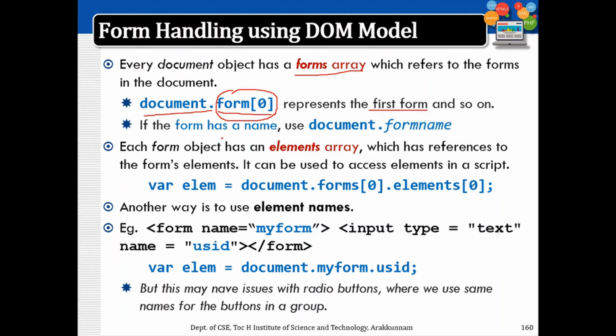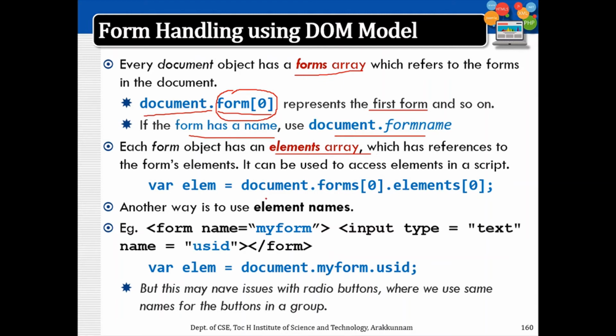The form has a name. Like any other elements, we can give a name to forms also. So we can access the form using the name of the form, like document.formname. Each form object has its elements array. Again, we have a list of elements, and all these elements are represented as an array of elements.